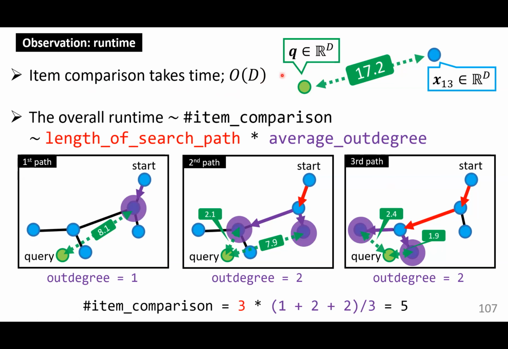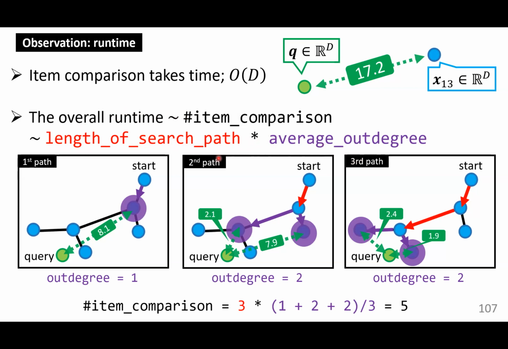If D is, for example, 1000, this part is dominant. So the overall runtime is the number of item comparisons, which can be approximated by the length of the search path times the average out-degree. Out-degree is the number of edges.